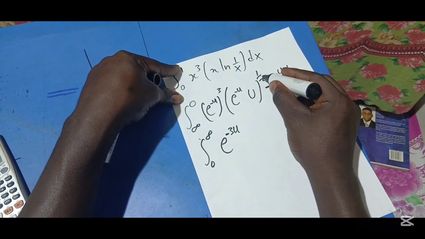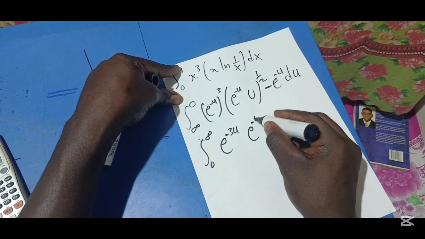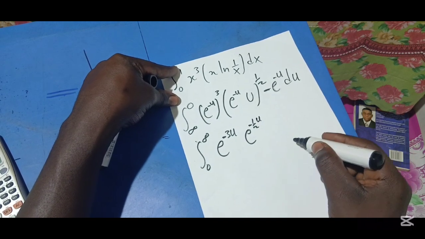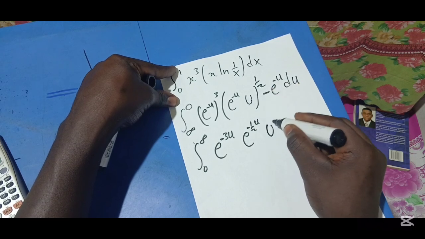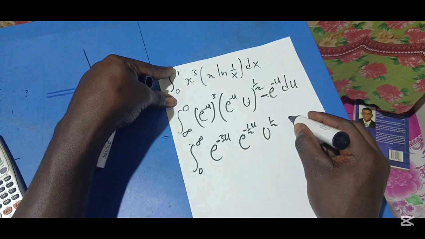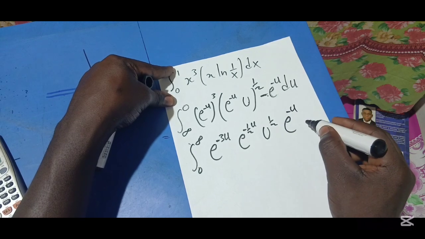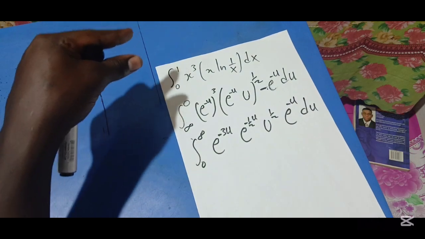And this power half is affecting e to the power minus u, so e to the power minus half u. This power is also affecting the u, so we have u to the power half. Now our negative sign is no more there, and e to the power negative u, then we add du to the whole term.